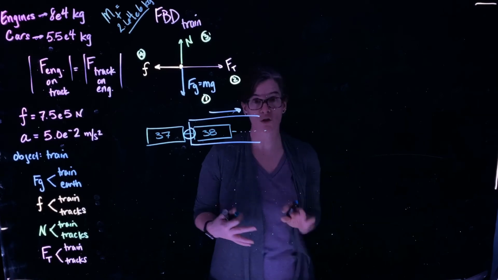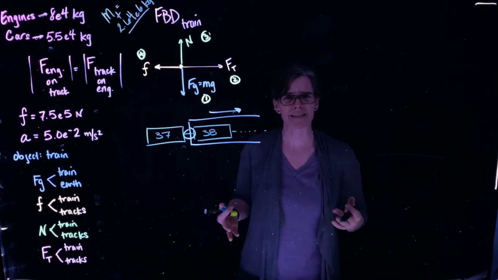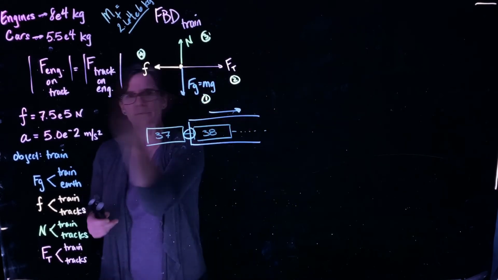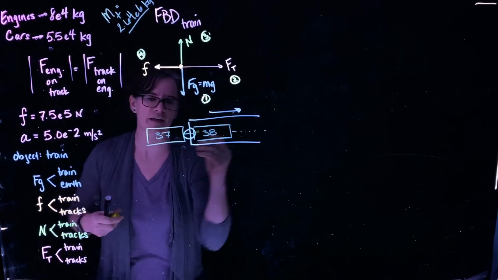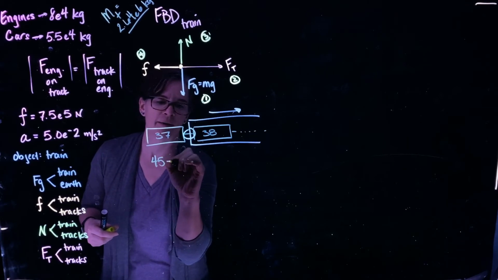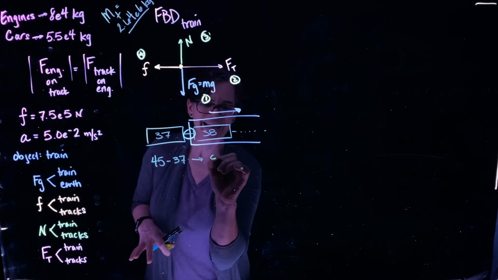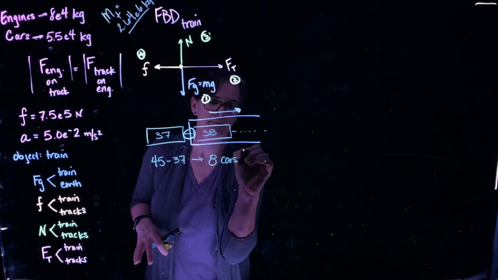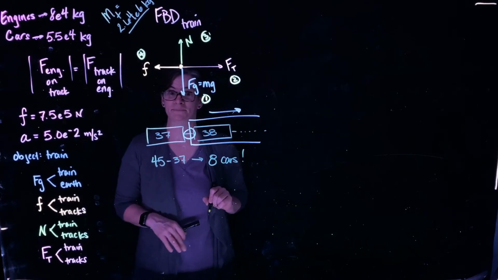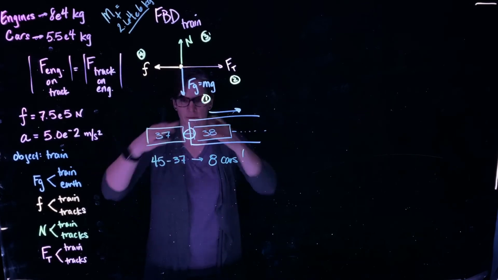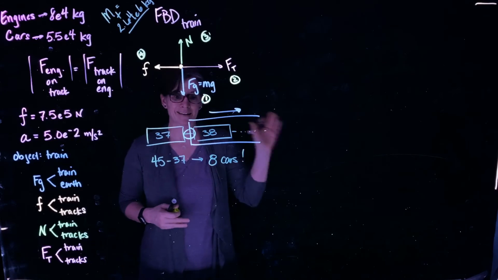It's going to push those cars. So how many cars is that? Well, we know that there are 45 cars. If we get rid of the 37 in front of it, we have 45 minus 37 of those cars. We are dealing with 8 cars that coupling is pushing, as the train moves. So, or pulling, whatever, the force it's exerting on 8 cars.